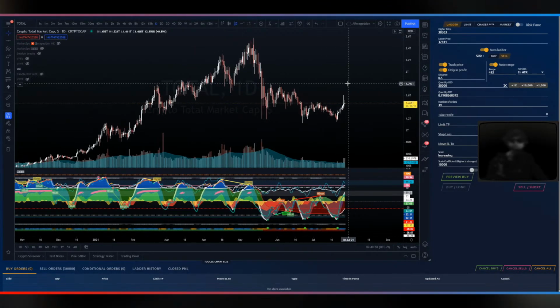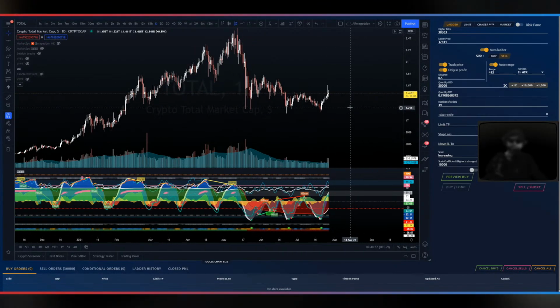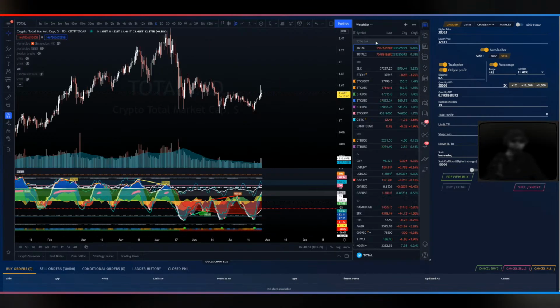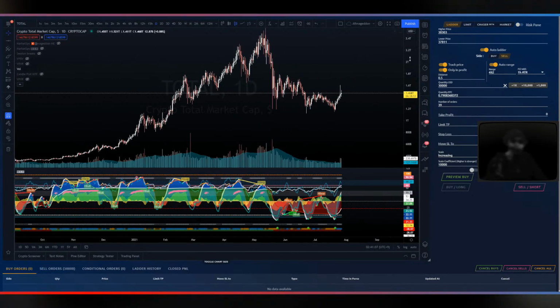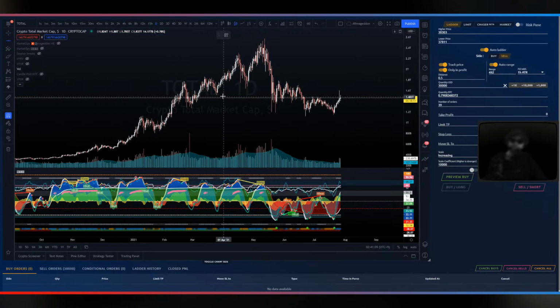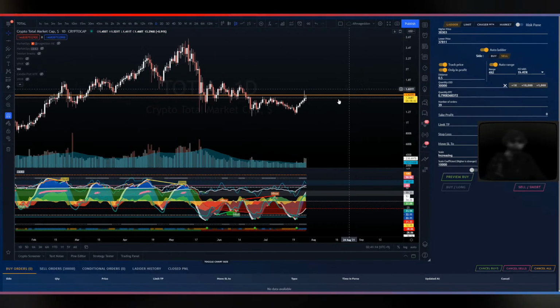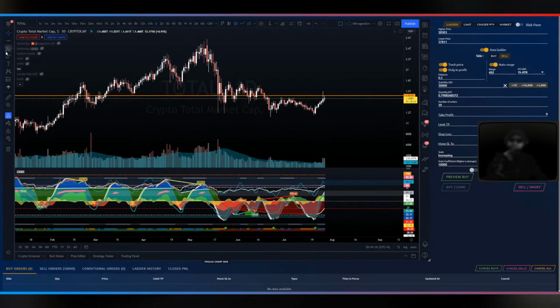I also look at total market cap, at total one, which includes Bitcoin altogether. And I think there's a potential to add more to it, but again, I think a little pullback here is appropriate.